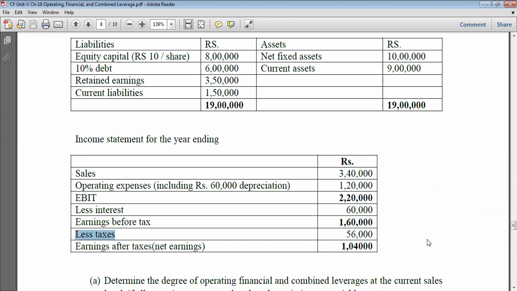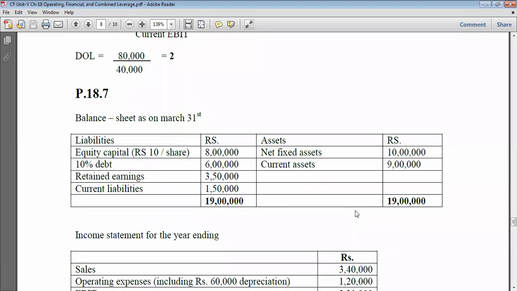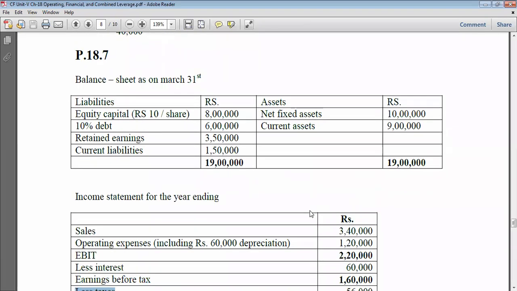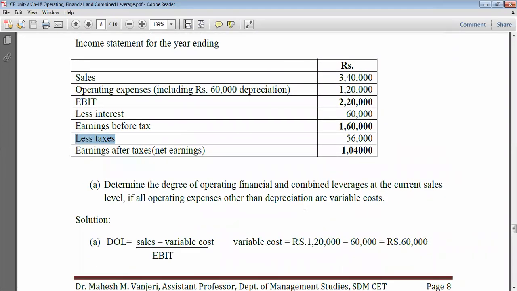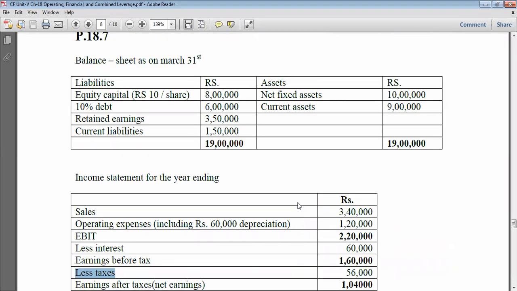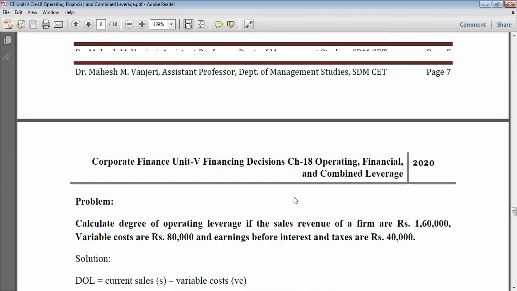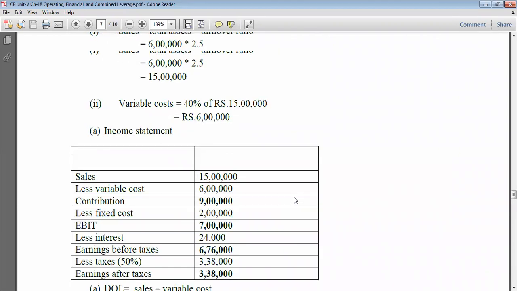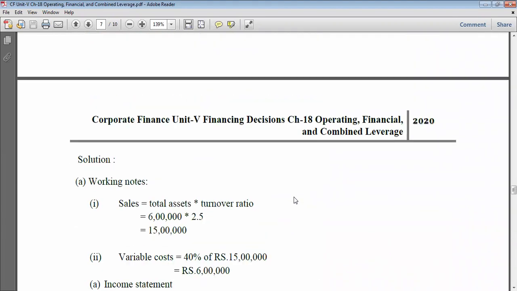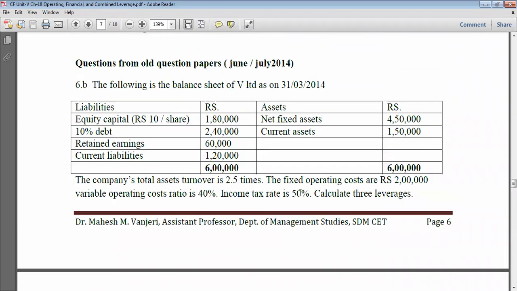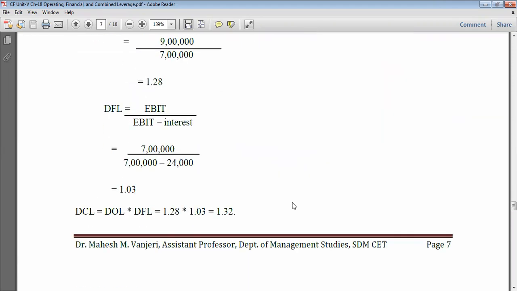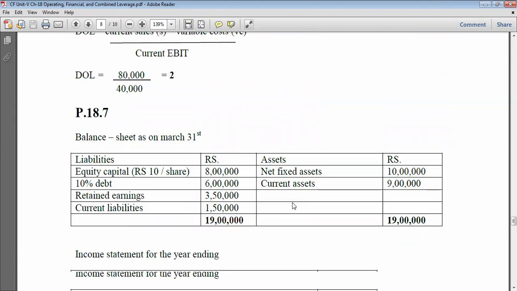Less taxes. Tax rate, I think it is missing here, or the same rate is taken from the previous problem. Tax rate was 50% in this case. Yes, data on tax rate is missing.